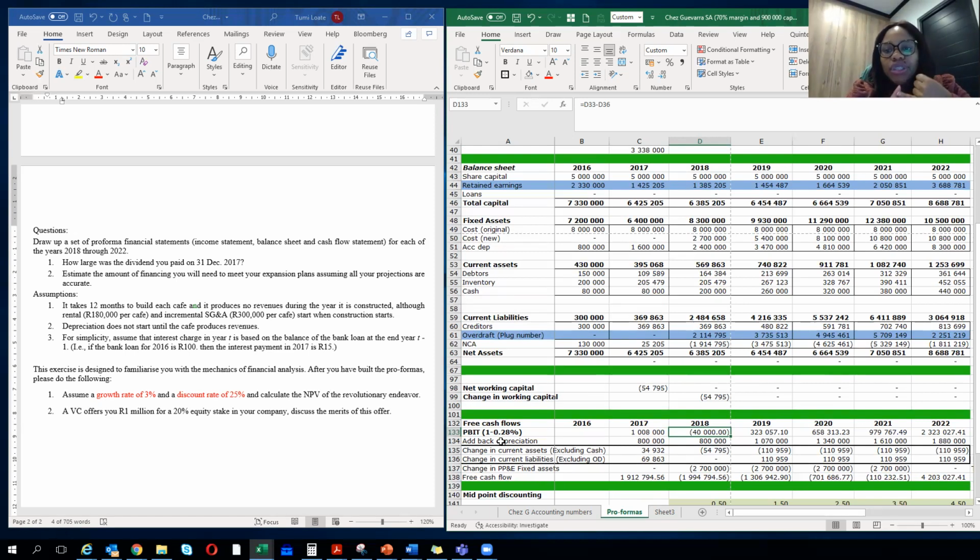I also want to exclude the non-cash item, which is the depreciation.